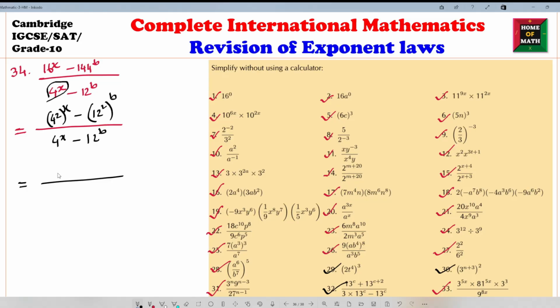Now this one we can write like this: 4 to the power x squared minus 12 to the power b squared, divided by 4 to the power x minus 12 to the power b.